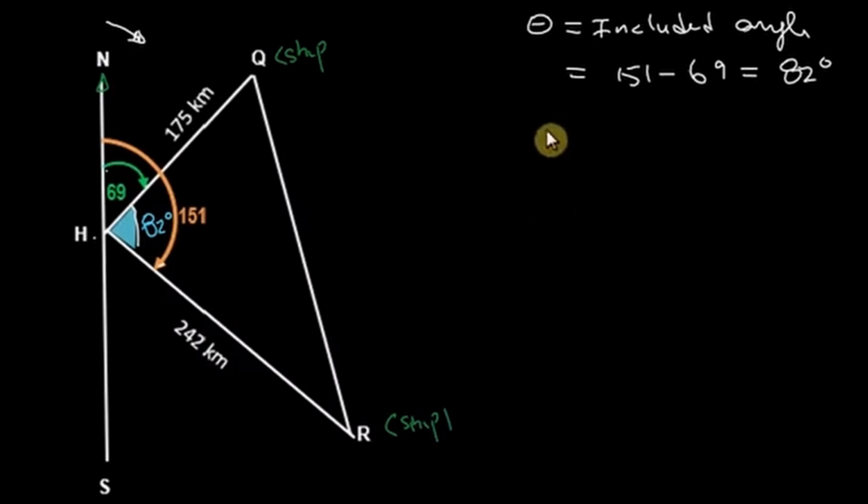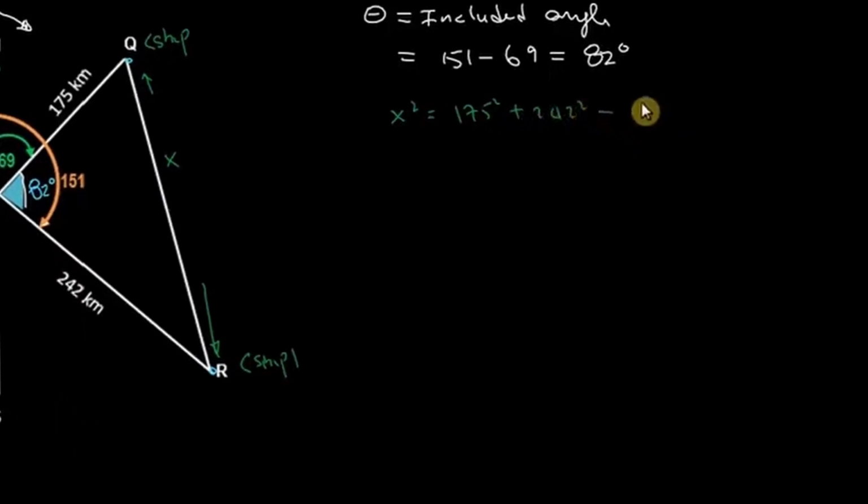So we apply our cosine rule, which says that if this distance from Q to R, let's call this distance x, we like to use x, then we could write using the cosine rule x squared is equal to 175 squared plus 242 squared minus 2 times 175 times 242 times the cosine of 82 degrees.